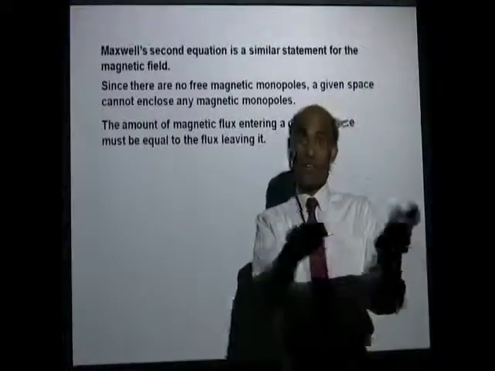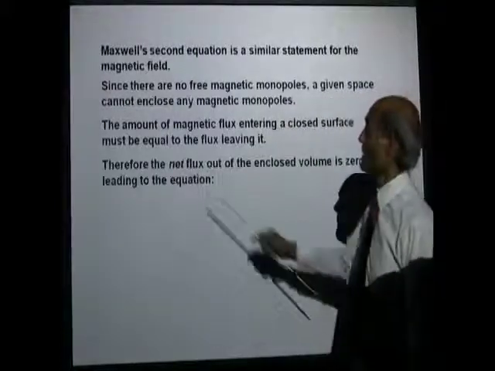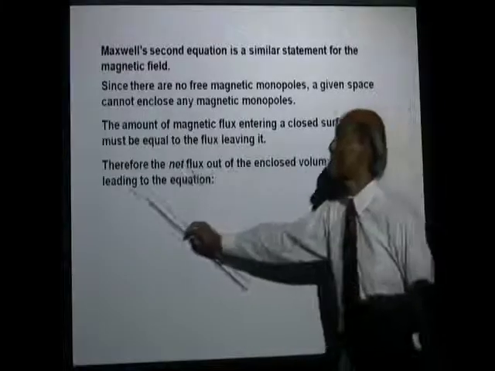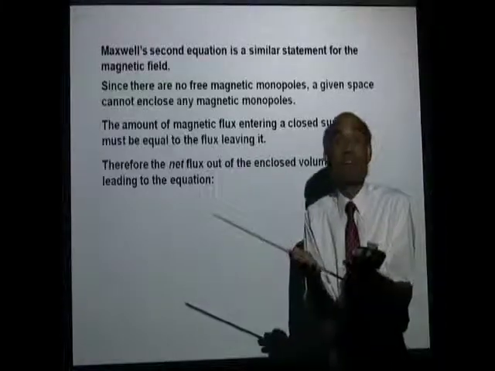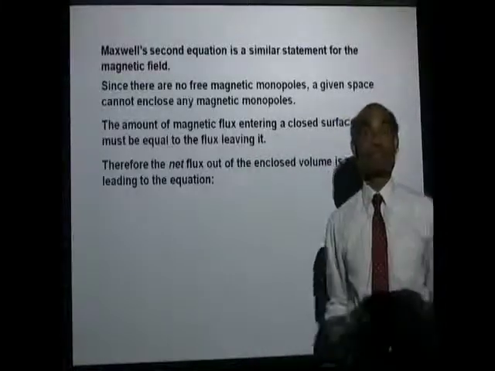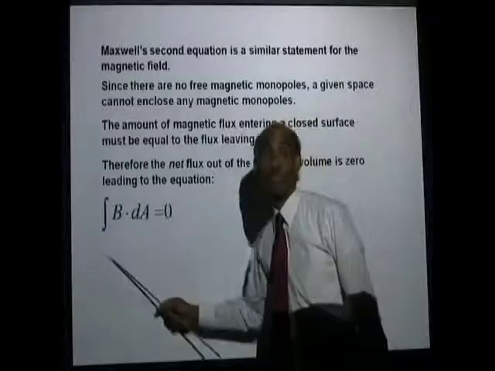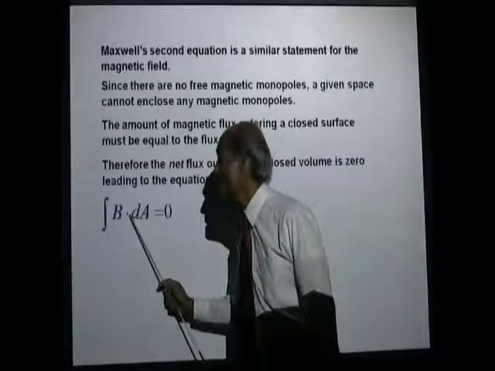which is analogous to Gauss's law in electricity? If you translate that into magnetism, it becomes the second law of Maxwell. Therefore, the net flux out of the enclosed volume is zero. Why is it zero? Because the net monopoles enclosed in that surface is zero. And therefore, the second Maxwell's equation is integral B dA.